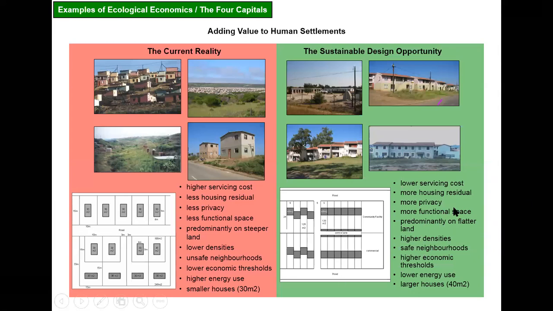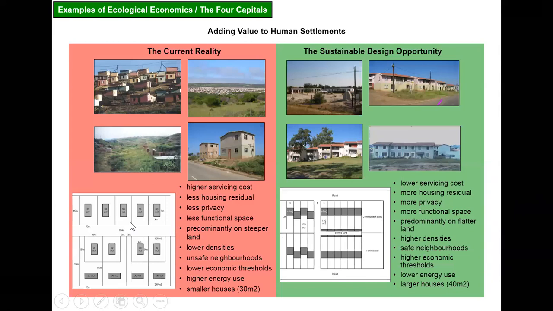You've actually got more privacy, more functional space, higher densities, and moreover, higher economic thresholds. You use lower energy, and you could probably build a larger house in this environment than what you could in the middle of a site where you have to leave useless site space, as is shown on the left-hand side.